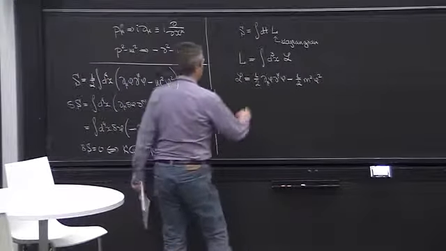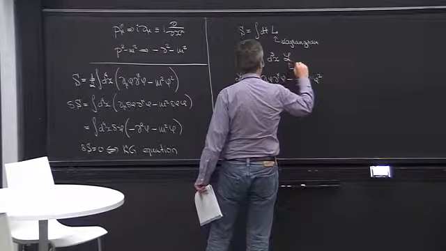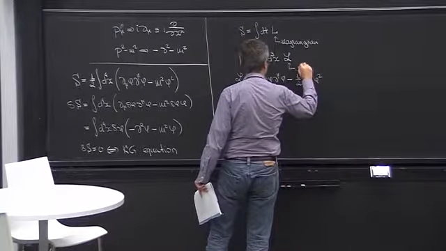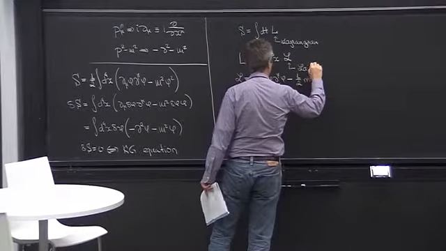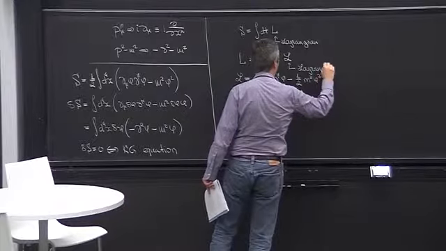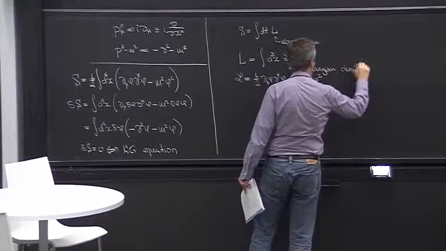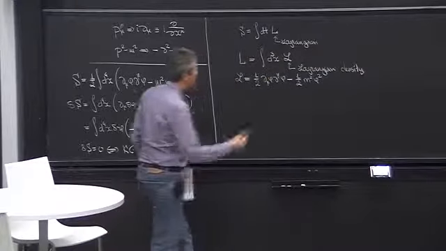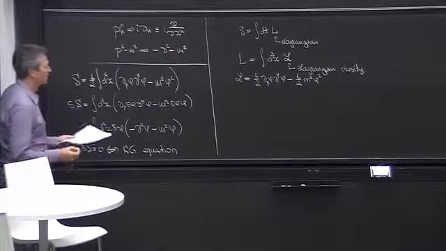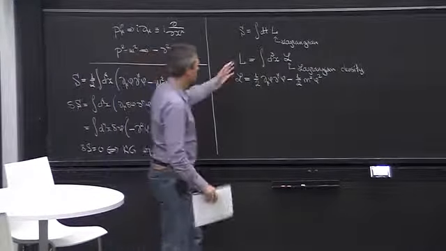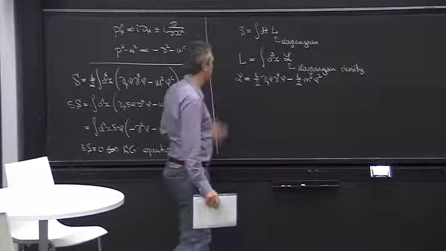So naturally, this curly L is the Lagrangian density. Since our field is distributed in space, the Lagrangian is an integral over some density over the whole space.